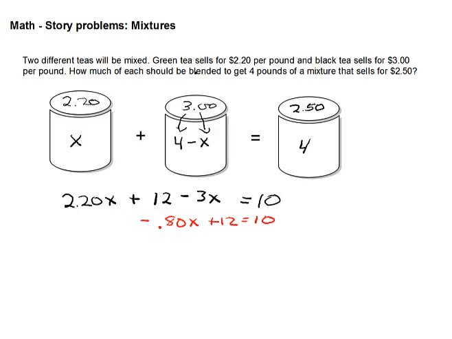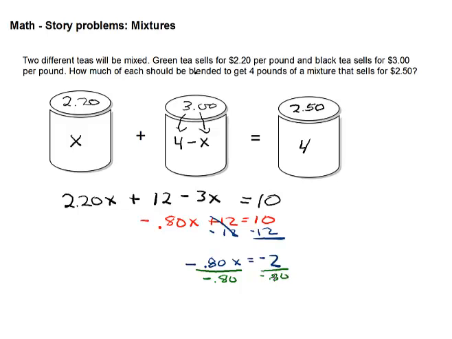In order to get rid of the 12, we do the opposite. We subtract 12 from each side. These, because they're opposite signs and the same number, will cancel out, equaling 0. We'll end up with negative 0.80x equals negative 2. And we need to get rid of the negative 0.80, so we're going to divide by negative 0.80 on both sides.